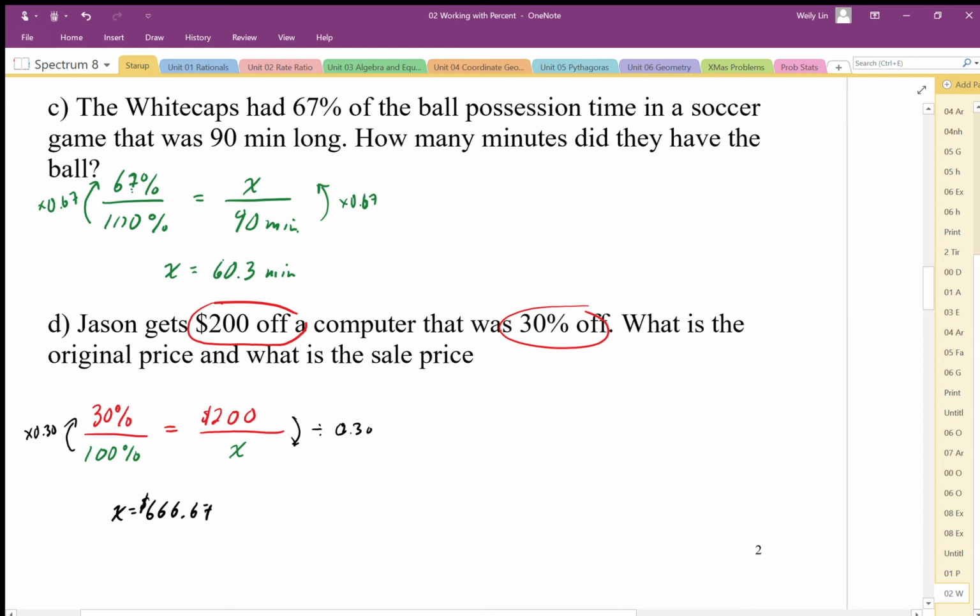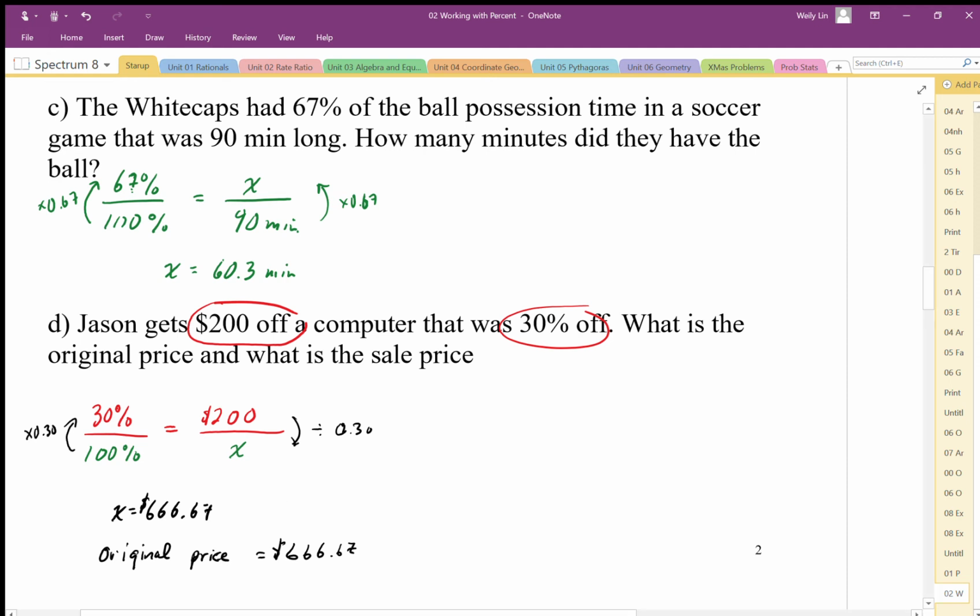So that's going to be the original price. So the sale price must have been $466.67. The original price is equal to $666.67, and the sale price was $466.67 because we can take that off.